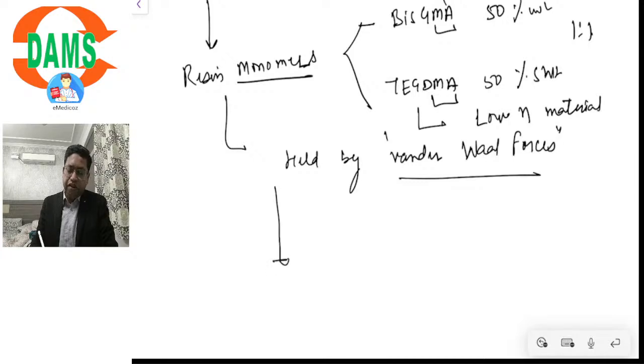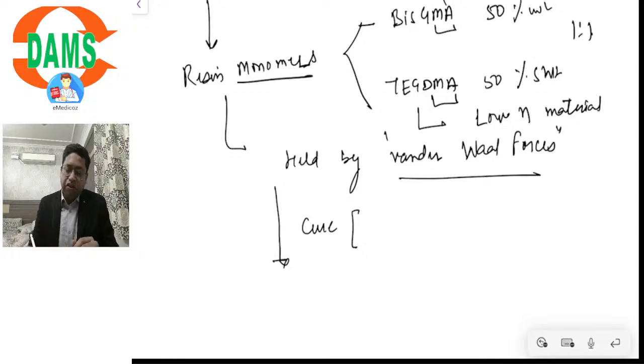Whenever we cure them, there are different modes of curing the resin composites. The most common restorative materials are the light cured resin composites. We also have self cured or chemically cured resin composites. There can be heat cured and microwave cured resin composites also.